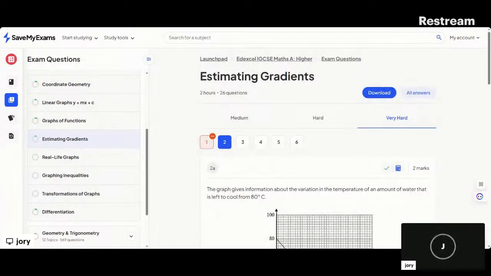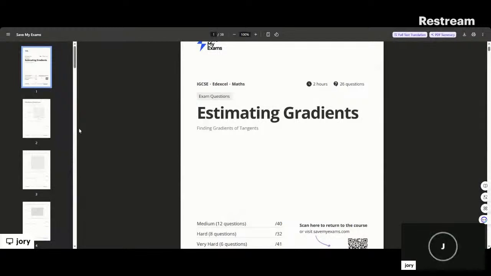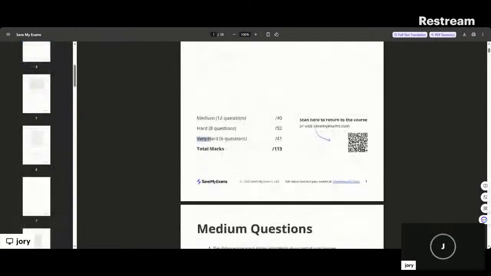Here it is. I need very hard questions. So it's 6 very hard questions. I'm printing. Where do they start, the very hard questions? Oh, there we go. Page 27 to, how many is it? 38? 39?